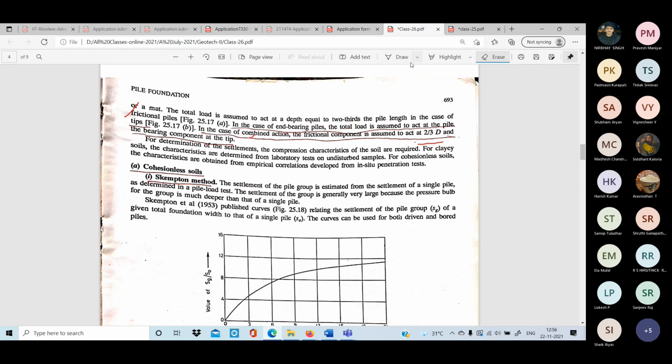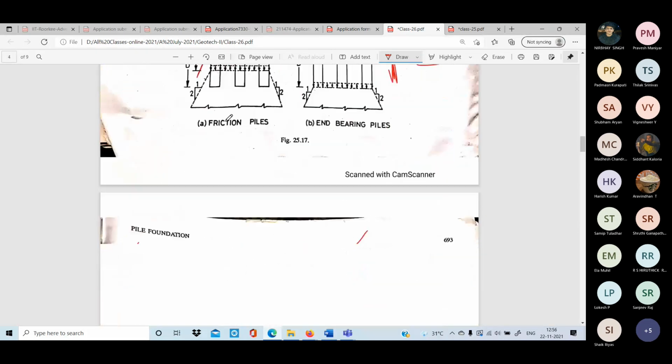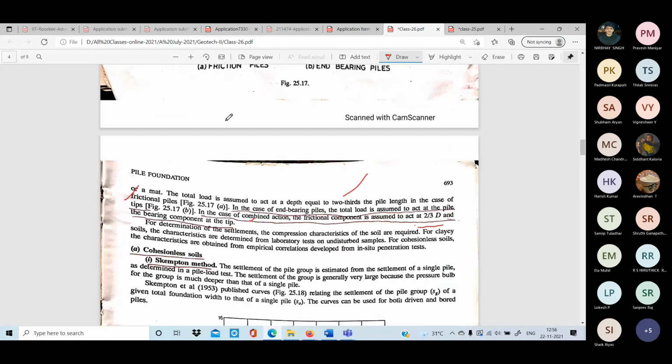So here we will start reading from here. The total load is assumed to act at a depth equal to two-thirds the pile length in the case of a frictional pile, that is what the photo is showing.